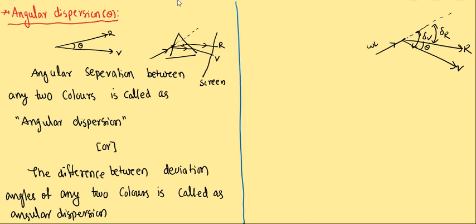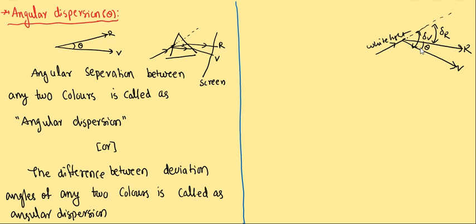Okay, this is the white light, and the white light will split into different colors here. White, violet and red. This is the white light original path. But if the prism is here, due to the prism, it will split into seven colors. This is the violet and this is the red color.